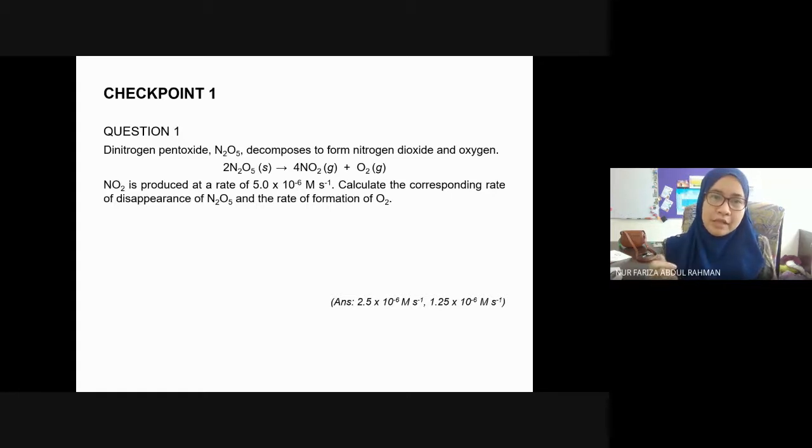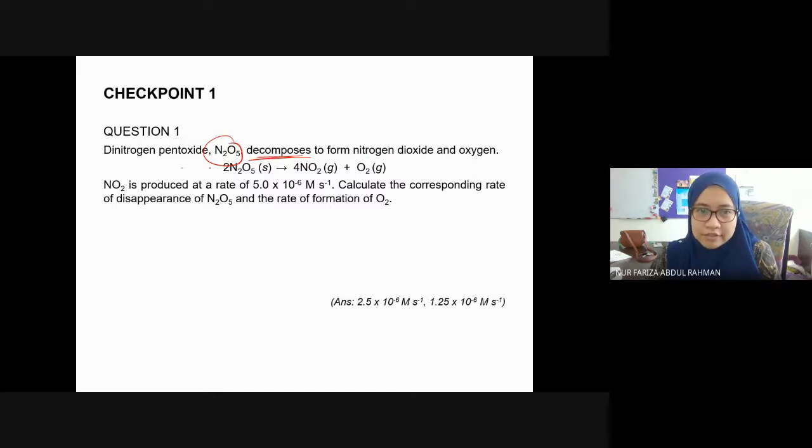Okay, jom buat ni. Question 1. Okay, jom buat sama-sama lah. Tak sempat nak tunggu buat. Okay. Dinitrogen pentoxide N2O5 decomposes. Maksudnya dia terurai, dia degenerate. Okay. So this would be the reactant because the word decomposes to form nitrogen dioxide and oxygen.